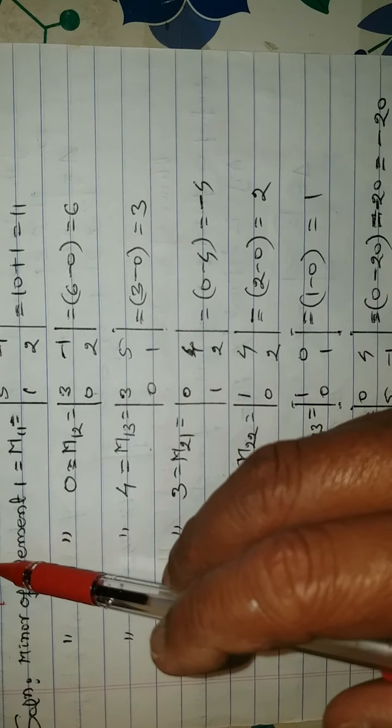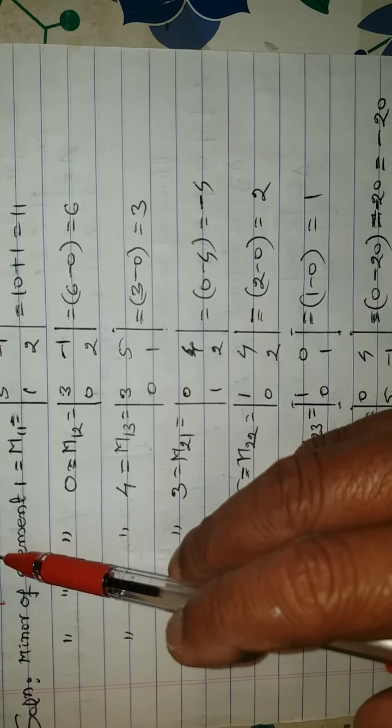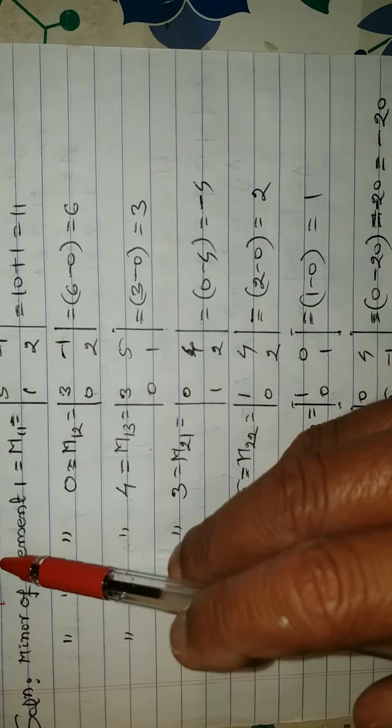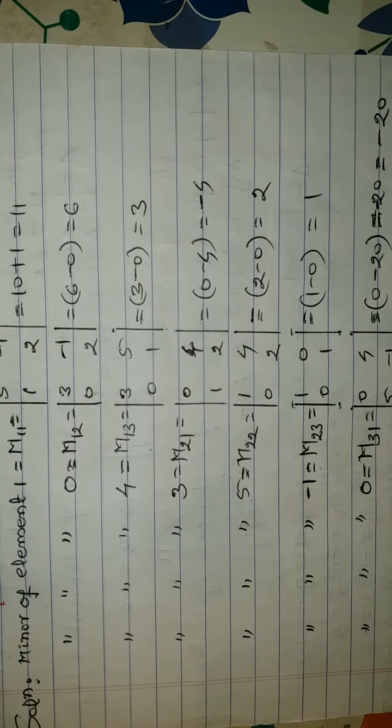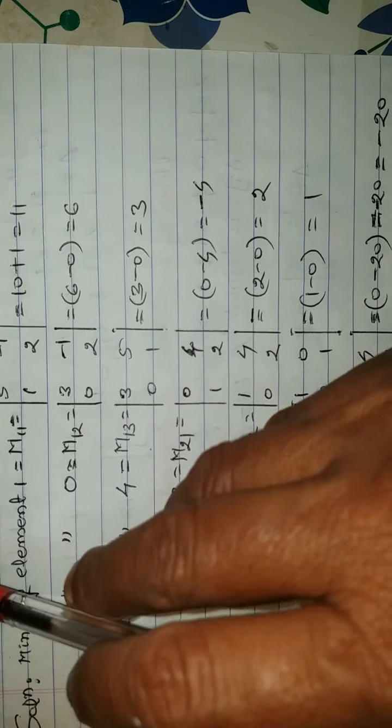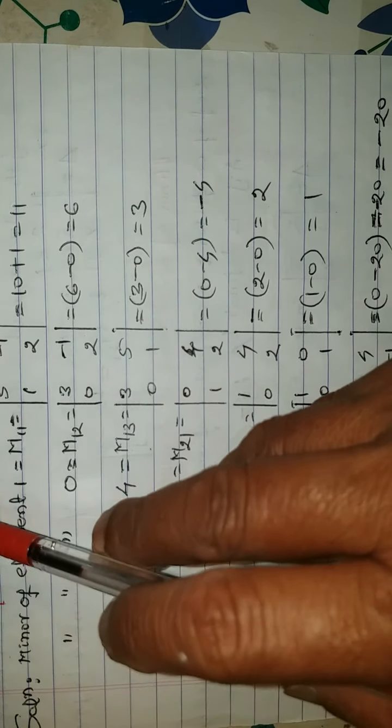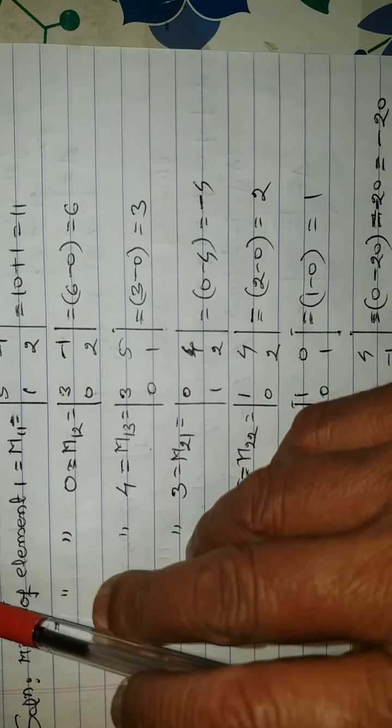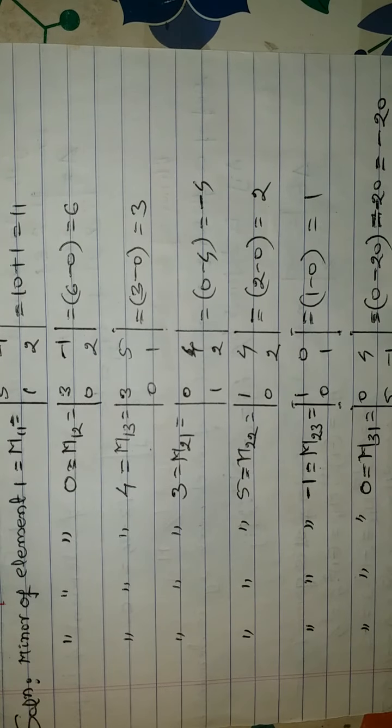And next, the minor of A32, that means the element 1. It is in the A32 position, hence it is denoted by M32. You leave this row, this column, which gives 1, 4, 3, minus 1. Cross multiply, you will get minus 13.